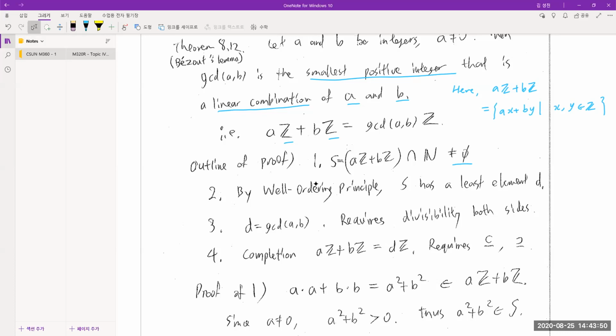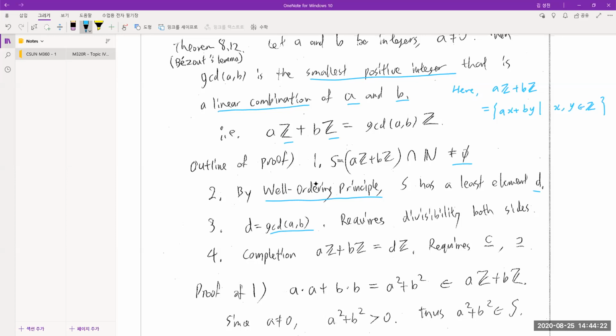The second part is by the well-ordering principle: this non-empty subset of natural numbers has a least element D. The third part is proving that the D in step 2 is actually the GCD of A and B. Step 4 is the completion part.